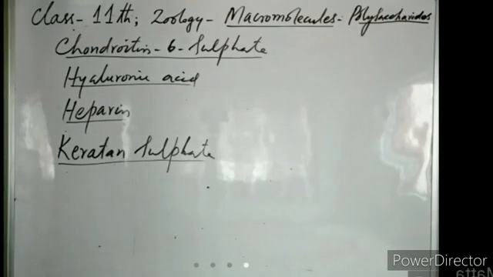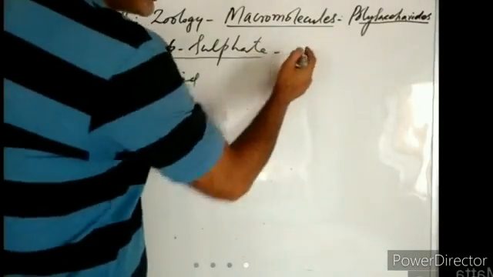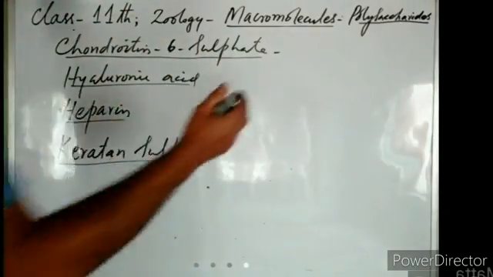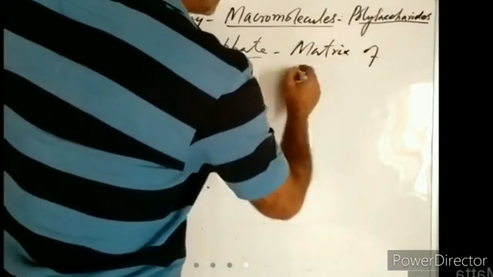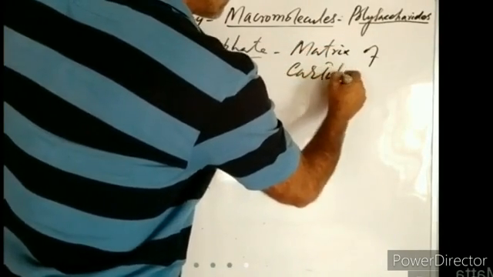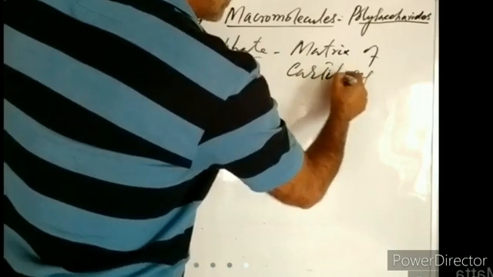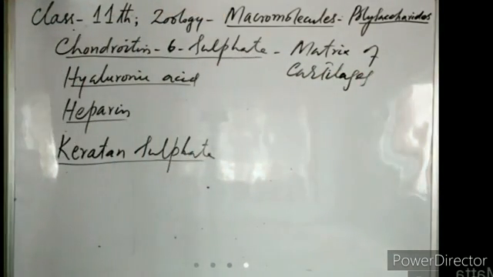So what is the role of these mucopolysaccharides? Chondroitin 6 sulfate is an important constituent in the matrix of cartilages. These mucopolysaccharides mostly retain water with them.